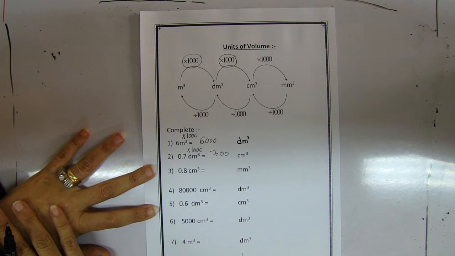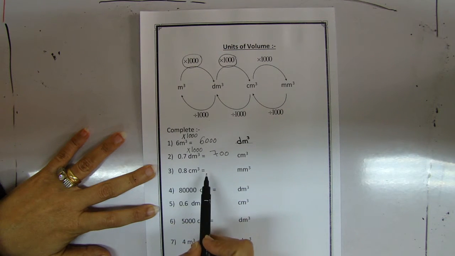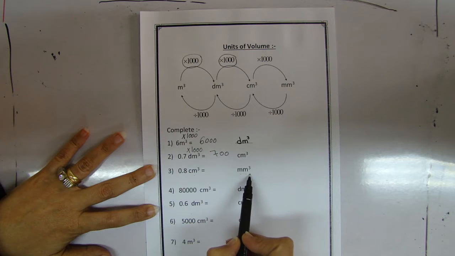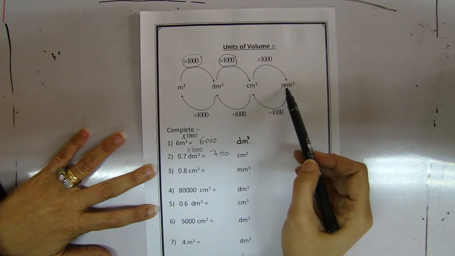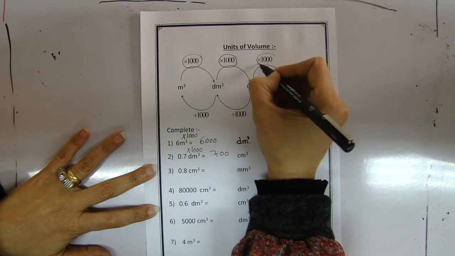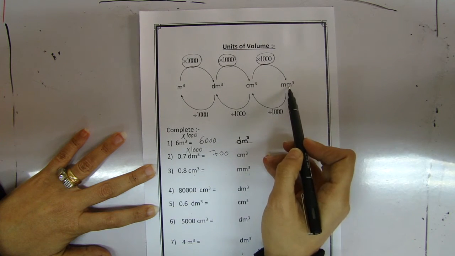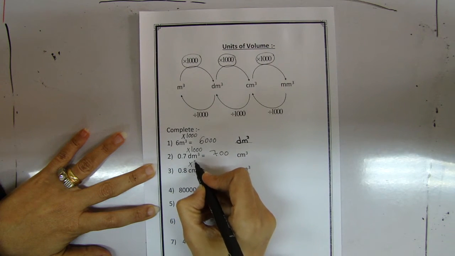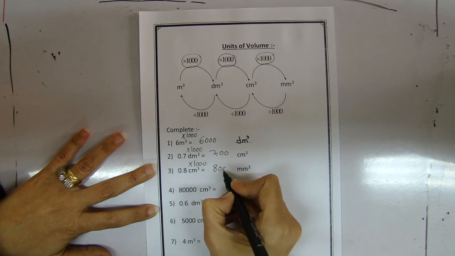700. Number 3, 0.8 cubic centimeters equals what cubic millimeters? From cubic centimeters to cubic millimeters, times 1,000, equals 800.